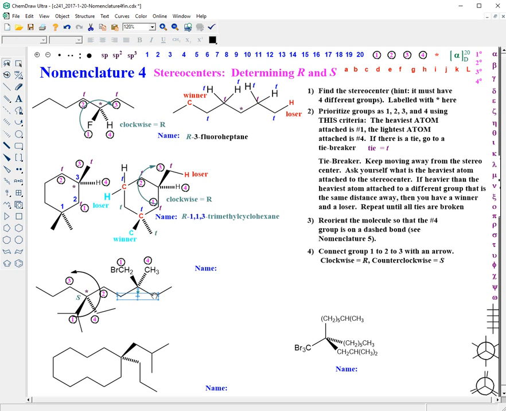Well, a CH2 on the right that goes to a CH3 is going to lose to a CH2 to the left that goes to a CH2 that has a C. The C beats the third H, or one of the H's off of here. That gives us a 2 and a 3 here. Make that a 3. Change the colors of these numbers so you know you're talking about a different stereo center.